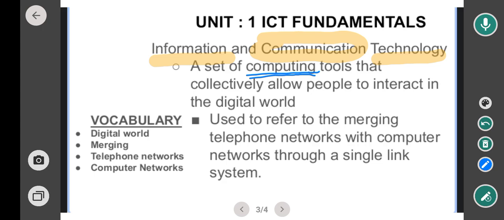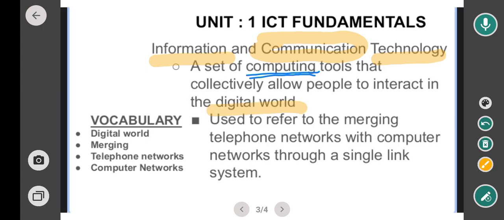So it is a set of computing tools that collectively allow people, it means there are different functions which allow people to interact in the digital world. It means we use information, and the purpose is to communicate with the technology. So ICT gives us tools which collectively make us interact in the digital world.